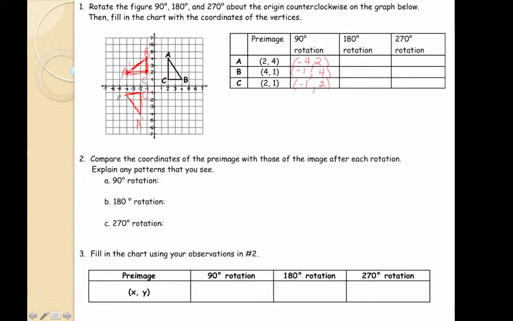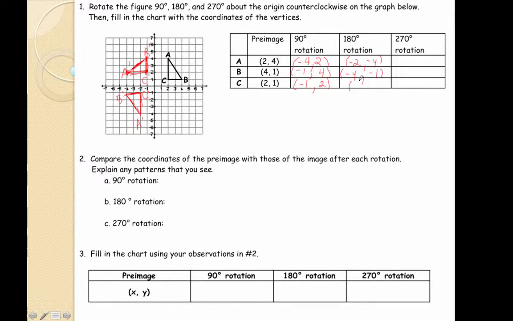A prime, B prime. So on the 180-degree rotation, A went to negative 2, negative 4. B went to negative 4, negative 1.